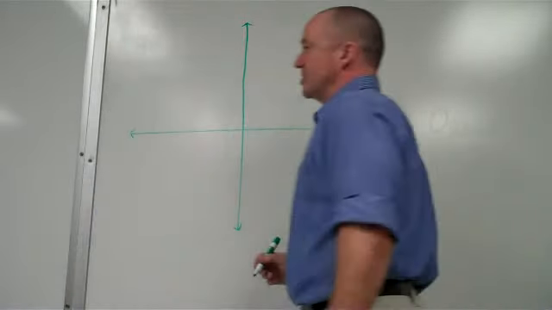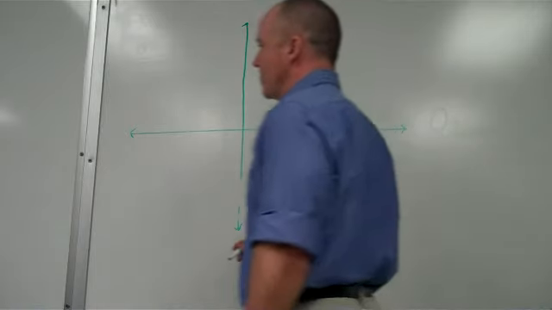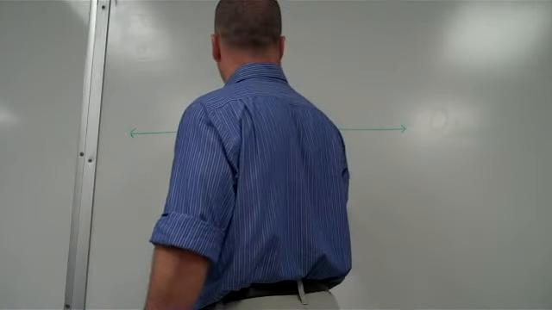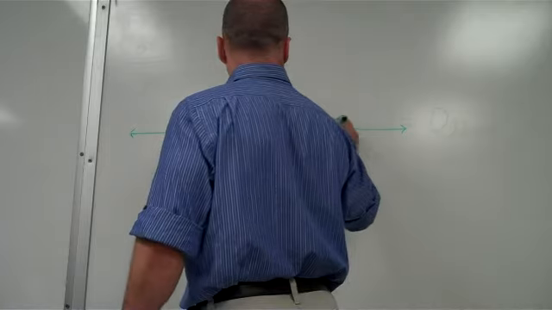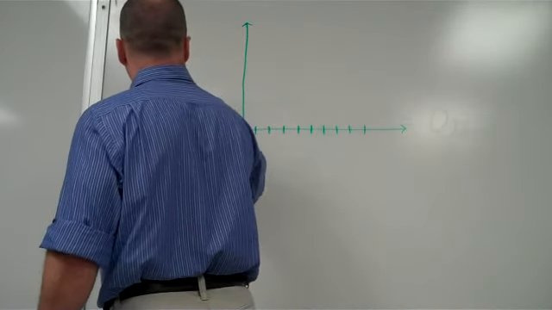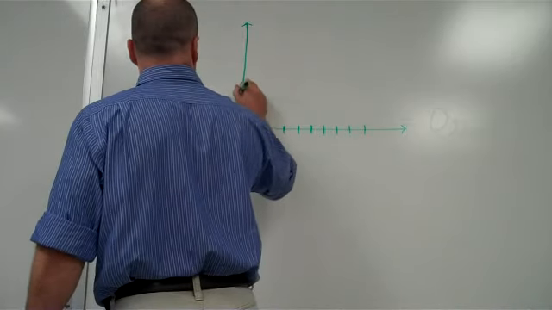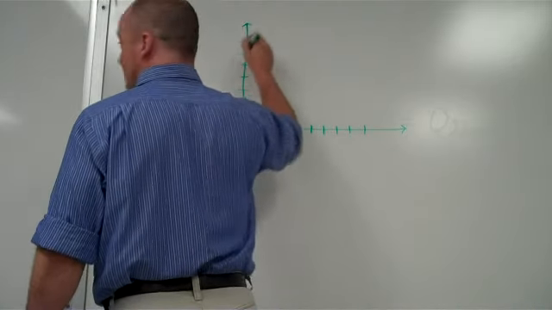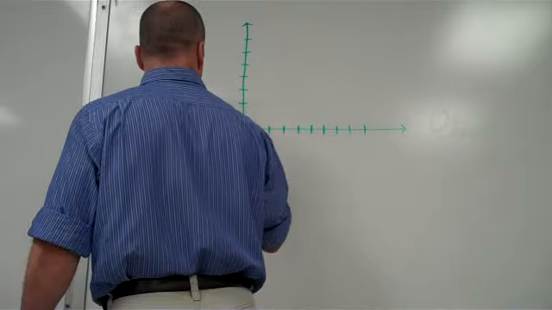Sometimes I've given a test where just half the test is graphing one of these. I won't do that on this test, but you'll do it on future tests. It definitely happens in calculus.